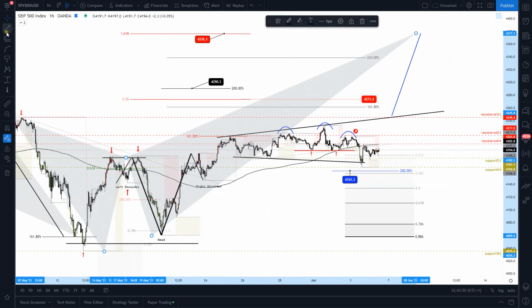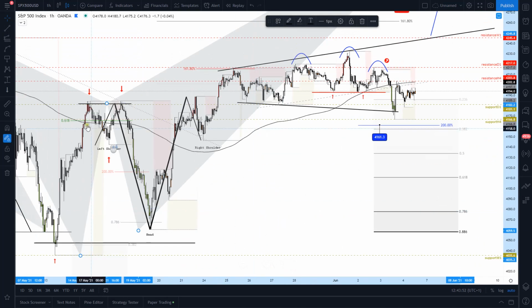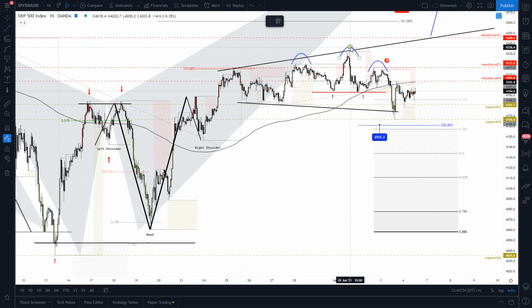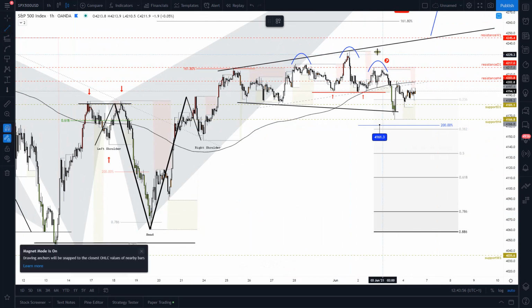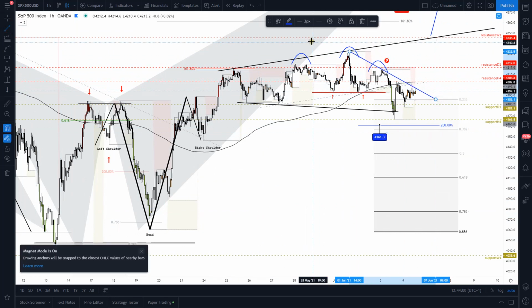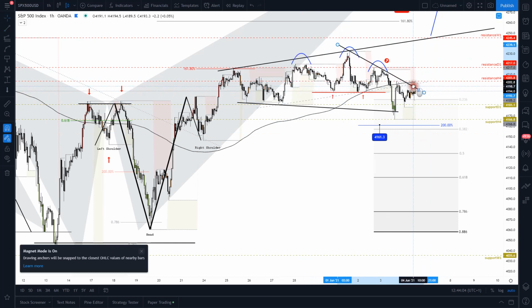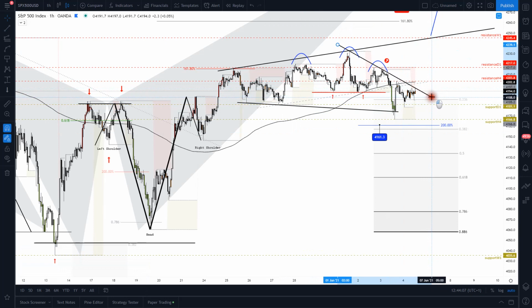And attention, because SPX 500 is already threatening this trend line resistance, or at least the most recent structure trend line resistance.